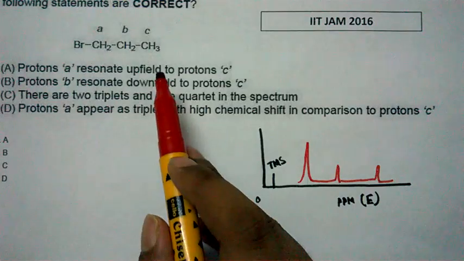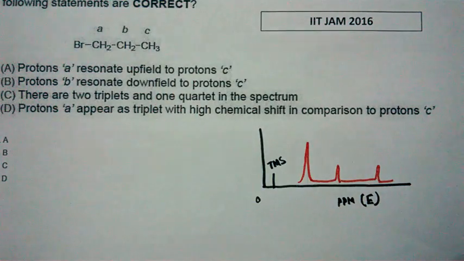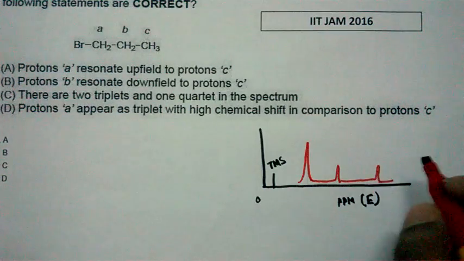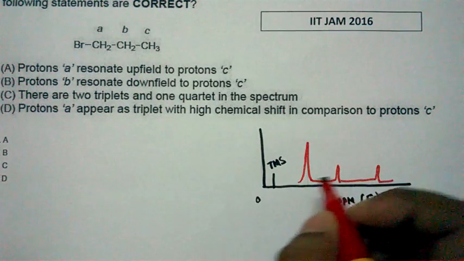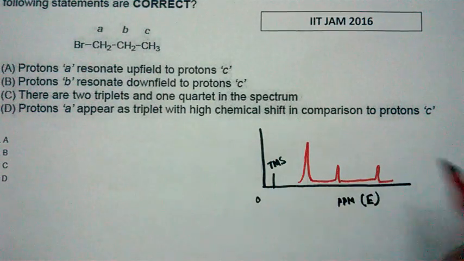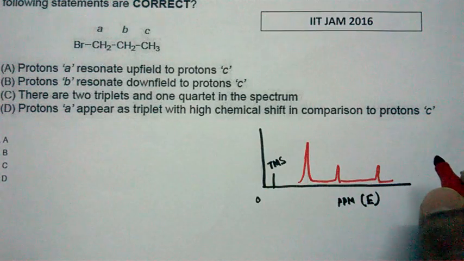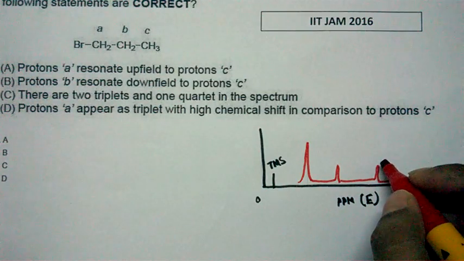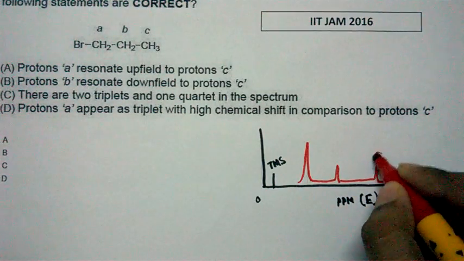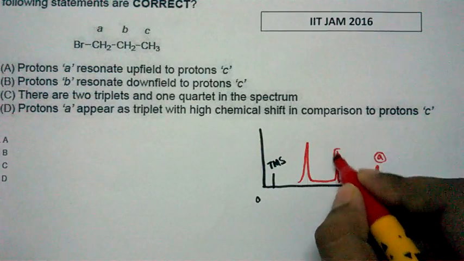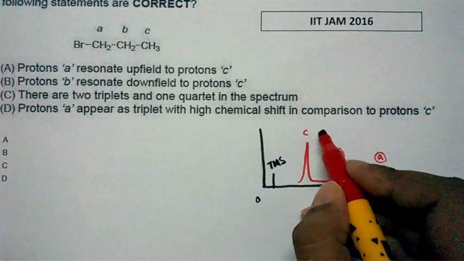Here it is written downfield and upfield, so you have to understand downfield and upfield peaks. These three peaks are the NMR spectrum for this molecule. If we label the hydrogens, this peak is for the hydrogens of A, this is for the hydrogens of B, and this is for the hydrogens of C.